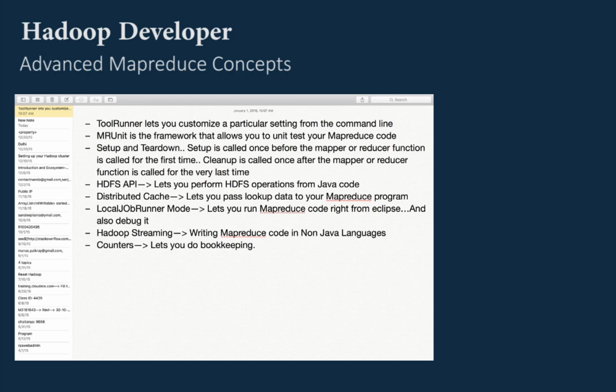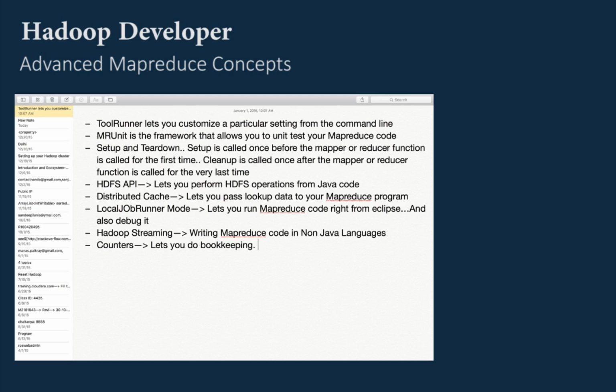The next topic was local job runner mode, which lets us run our Mapreduce code right from Eclipse and also debug it. Next was Hadoop streaming, where we can write Mapreduce code in non-Java languages. And then we saw counters that let us do bookkeeping.